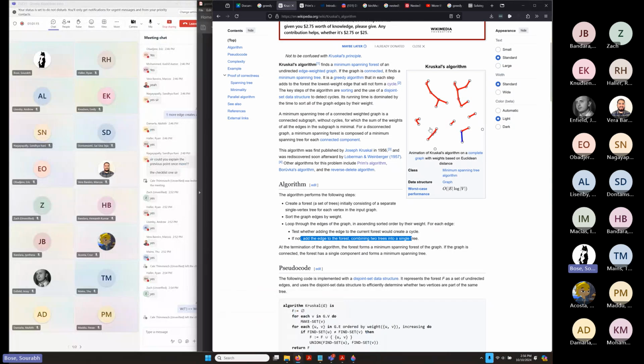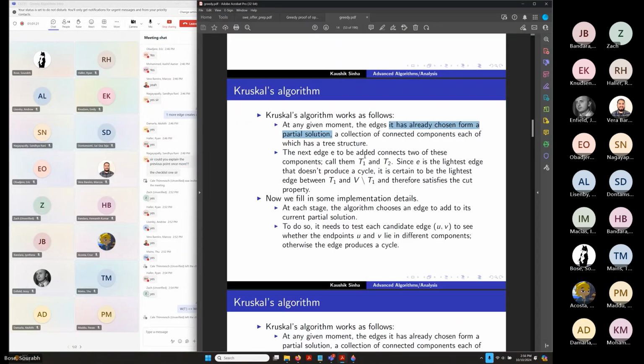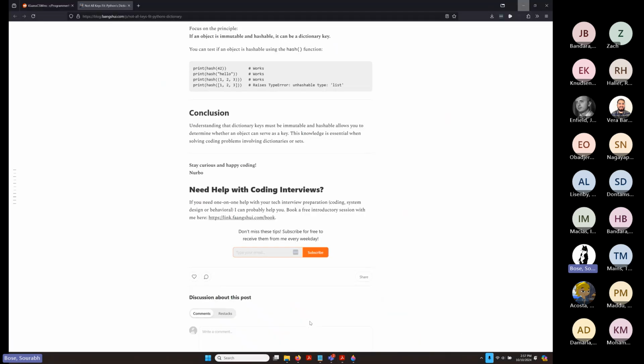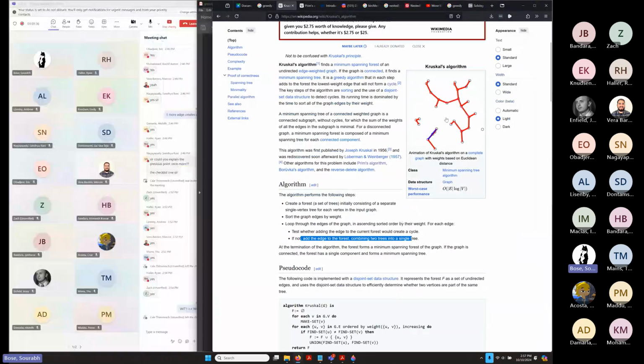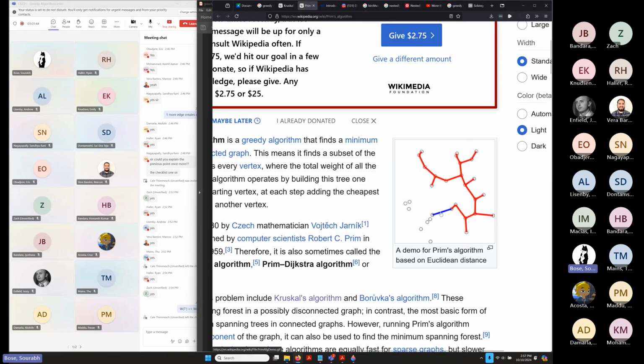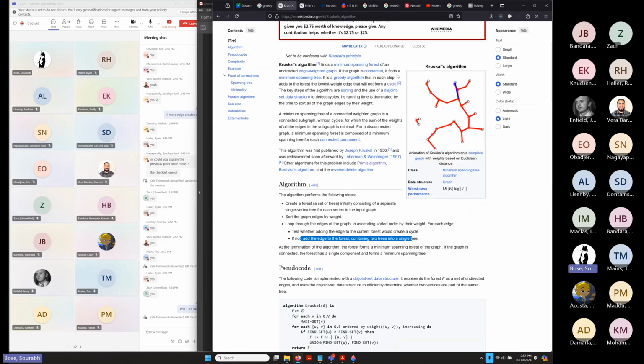At any given point in time, the edges that it has chosen form a partial solution: a collection of connected components, not a single connected component, each of which is a tree. Compare that to Prim's algorithm, which is always a single connected component growing outwards. Kruskal, on the other hand, is more akin to a collection of connected components.